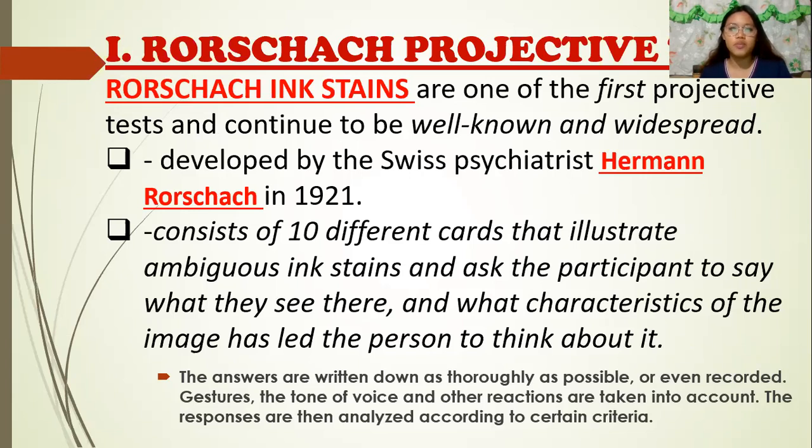It was developed by the Swiss psychiatrist Hermann Rorschach in 1921. It consists of 10 different cards that illustrate ambiguous ink stains and ask the participant to say what they see there and what characteristic of the image has led the person to think about it. The answers may be recorded and written down as detailed as possible. The responses are then analyzed according to certain criteria.